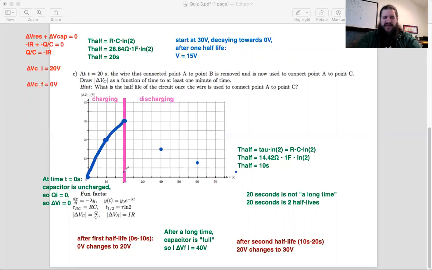So at the 20-second instant in time, the voltage on the capacitor is 30 volts. Since we interrupted it at that point, it stays at 30 volts until we start discharging, and then it decays towards 0. So the final result of the charging portion becomes the initial state of the discharging portion. Any other questions on that so far?